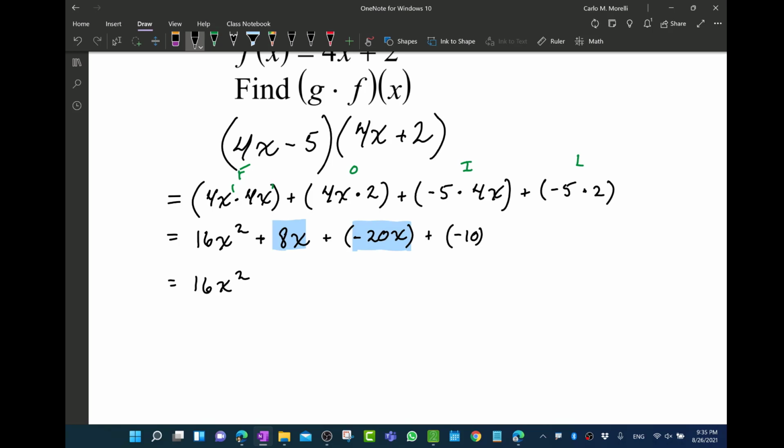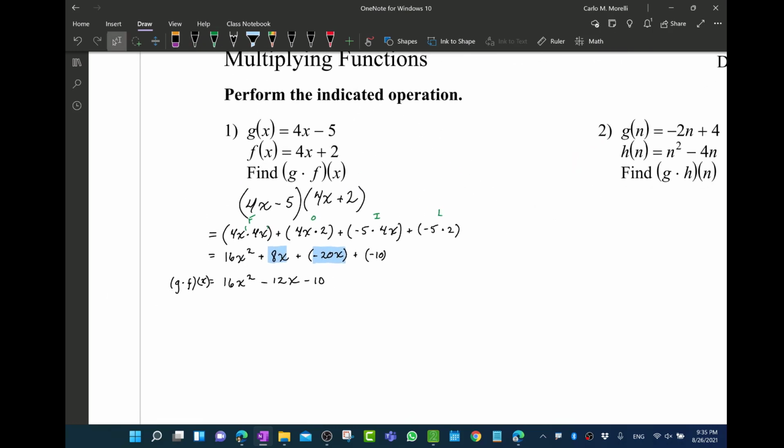So that would be 16x squared minus 12x minus 10. Okay. So what you would write is g times f of x equals this. And that is your answer.